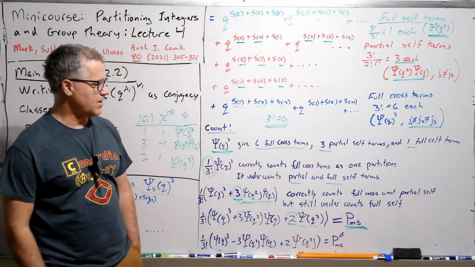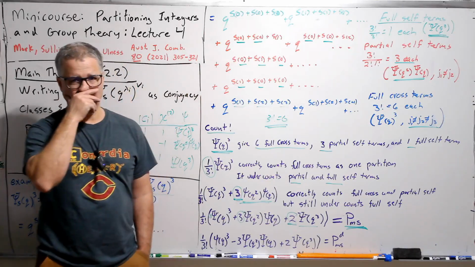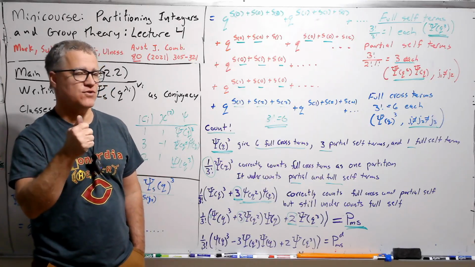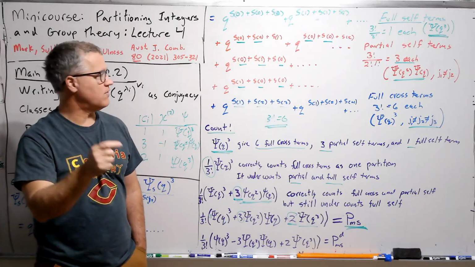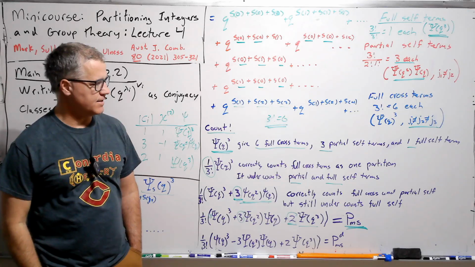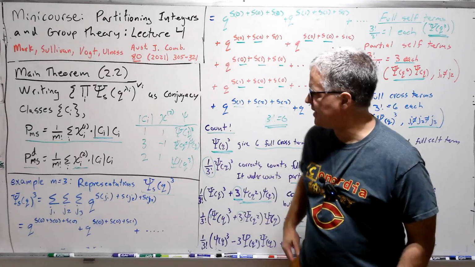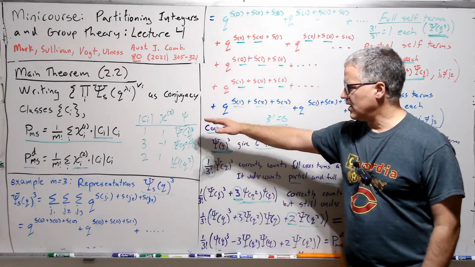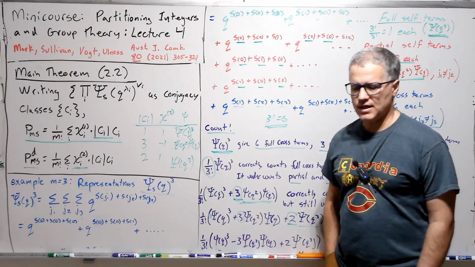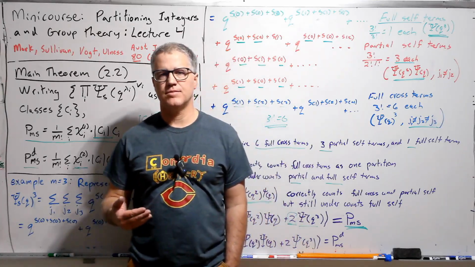So you've got to think about that and work it out by hand. I would suggest doing m equals 2, which is kind of trivial, but that really is helpful. And then m equals 3, like we've done here, redo that by hand. I think that will help you get a good sense of what's going on and see naturally where these come from. All right, in the remaining part of the course, we will do some applications.